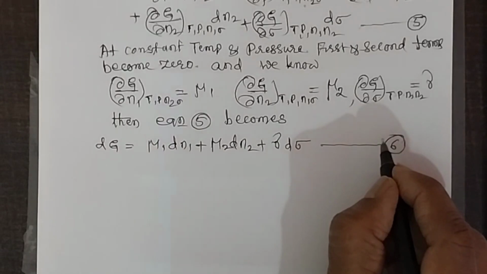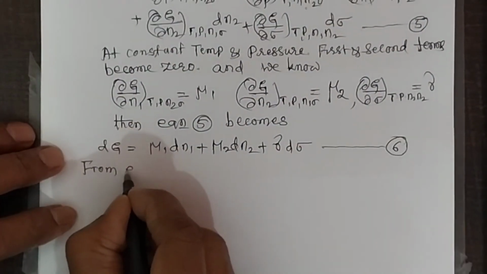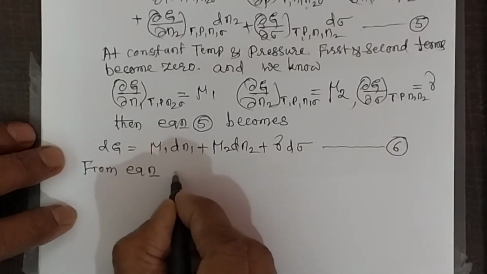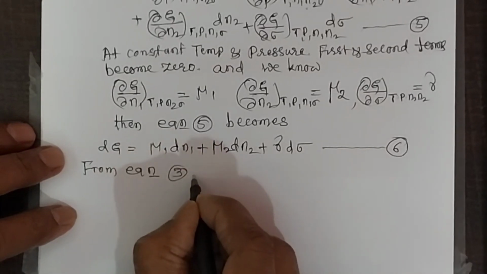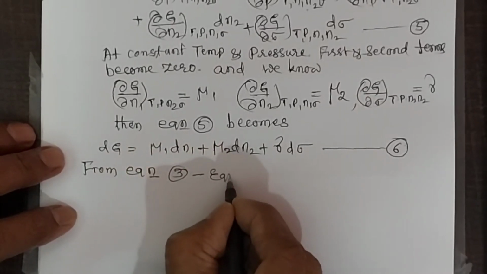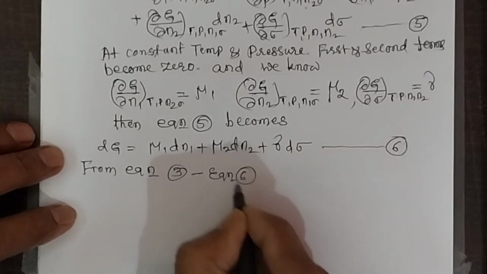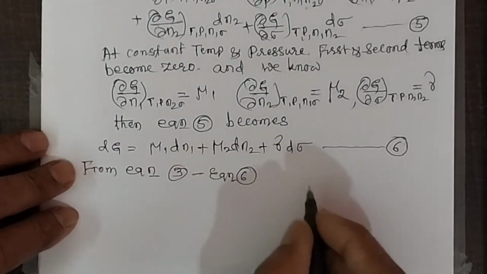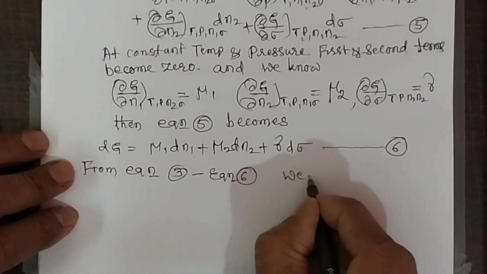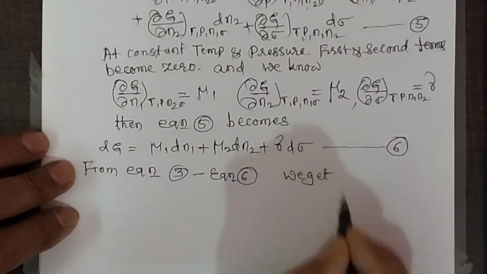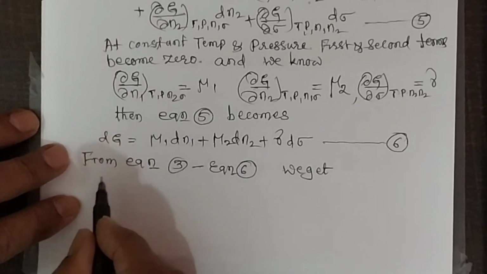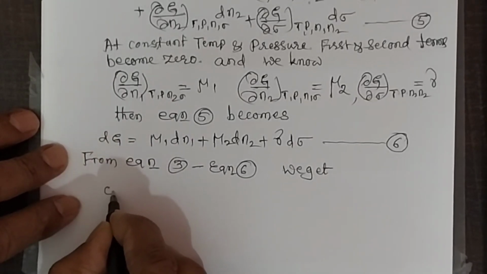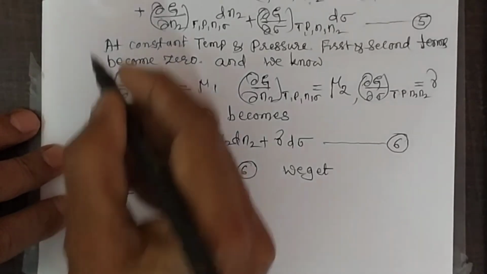Equation 3 minus equation 6: dG minus dG is equal to 0, the left-hand side is equal to 0.